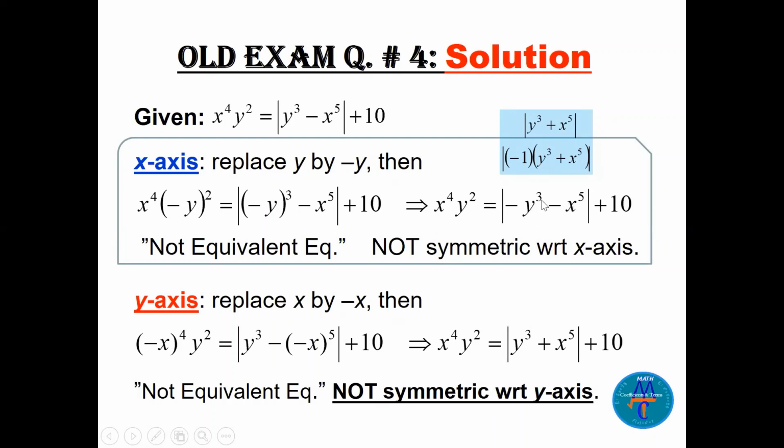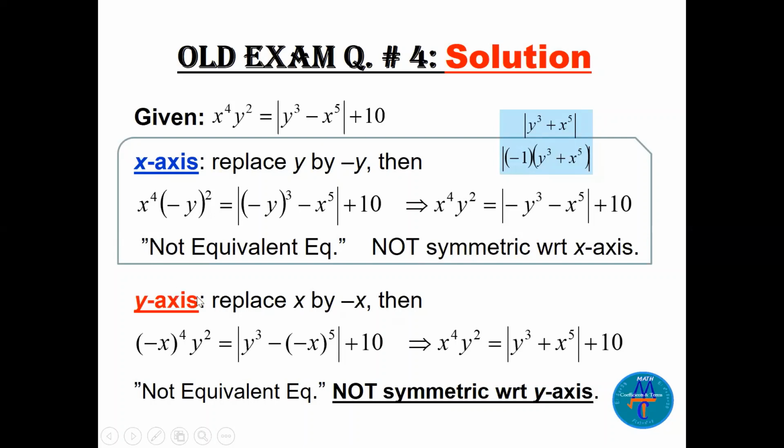We have 2 minuses here, and here we have 1 minus. If you want to take a minus, you cannot take it out. You can take it inside the absolute value. This is the absolute value of minus 1, so it becomes like that. So this one is the same as this one. So it's not symmetric about the x-axis.